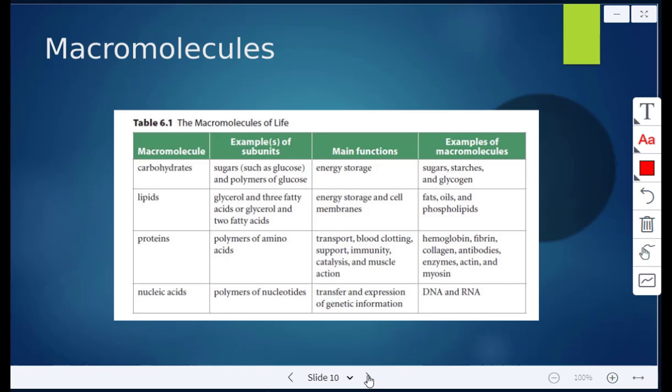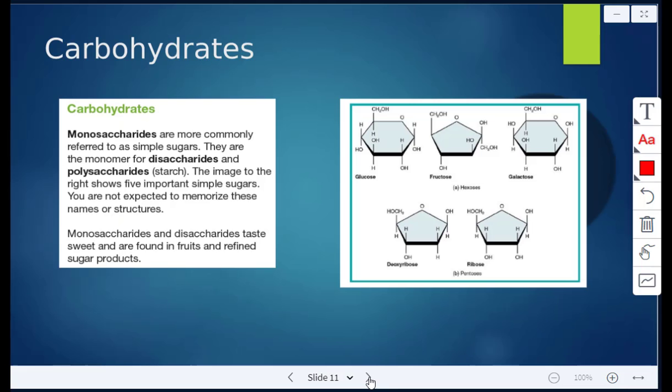All right, here again is just a quick summary of the macromolecules: carbohydrates, lipids, proteins, and nucleic acids. We're going to start by talking about carbohydrates first. Carbohydrates are sugars that get broken down into sugars. Monosaccharides are commonly referred to as the simple sugars, and they are the monomer for disaccharides.